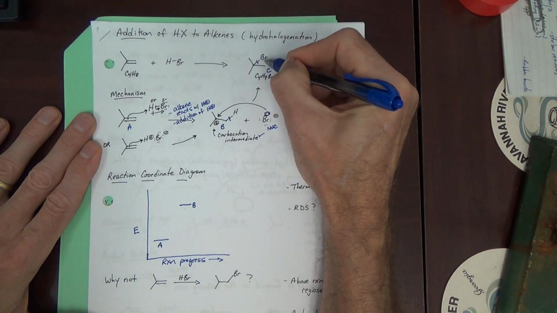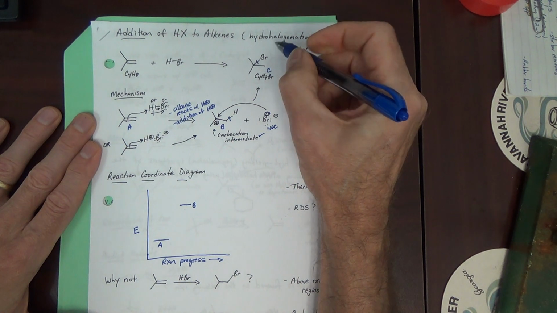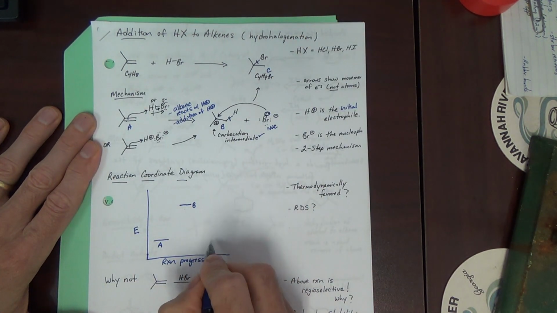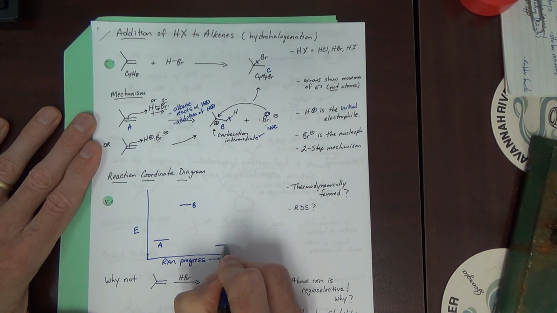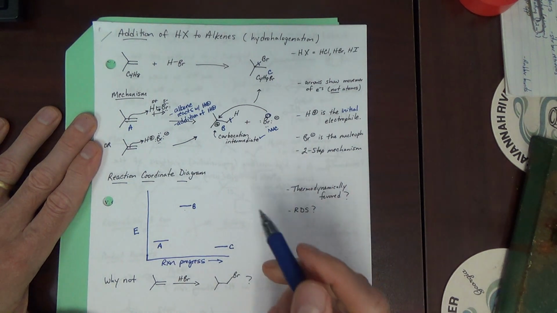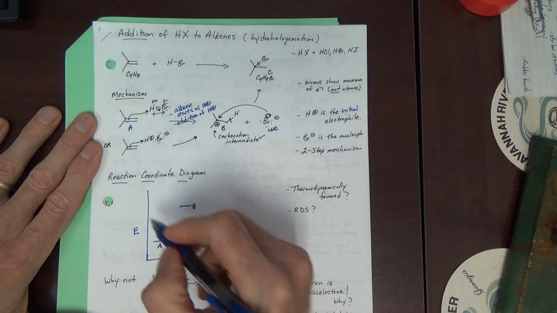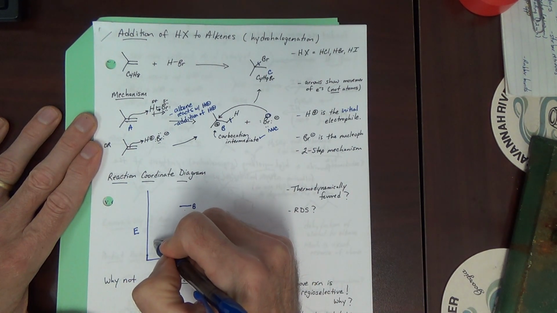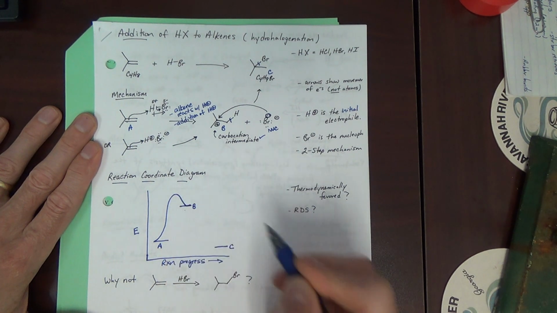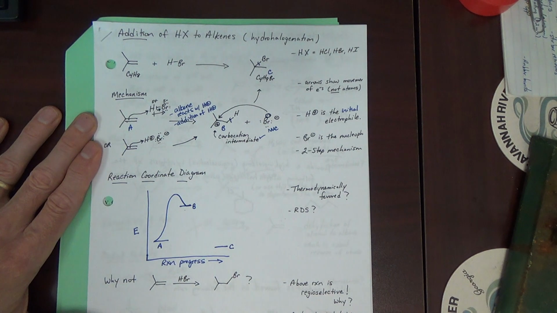This should be more stable. We made stronger bonds in place of the weaker pi bond. So this should be more stable than A. The reaction is overall exothermic. And if we draw the reaction progress, it's going to look like, there's your first step.